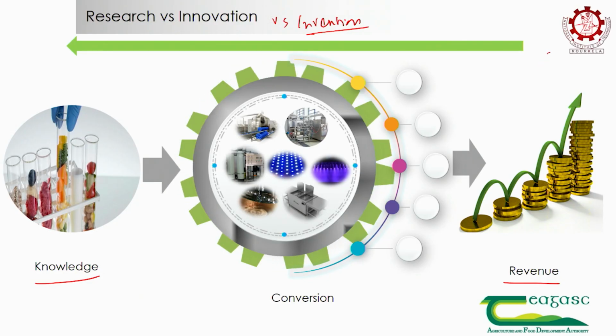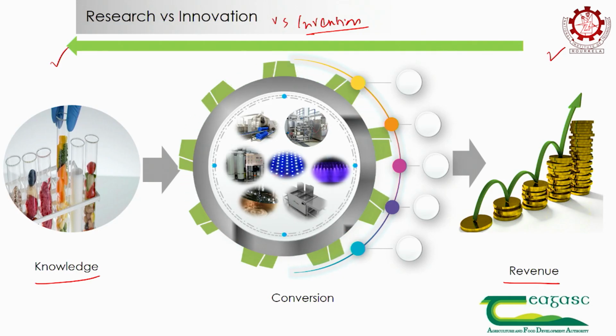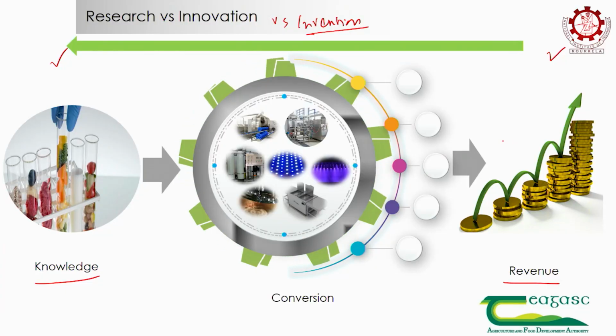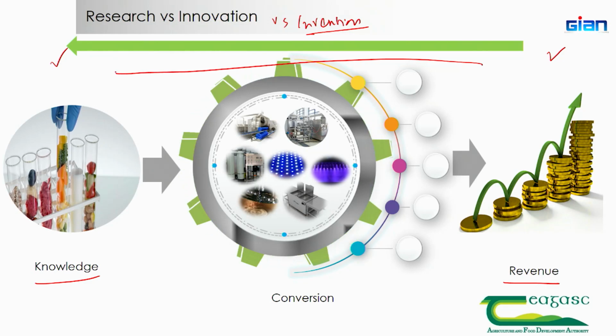Whereas when revenue is used to create knowledge, that is research. Institutions get money, and you pay a fee to get the knowledge. So, you use money to generate knowledge.